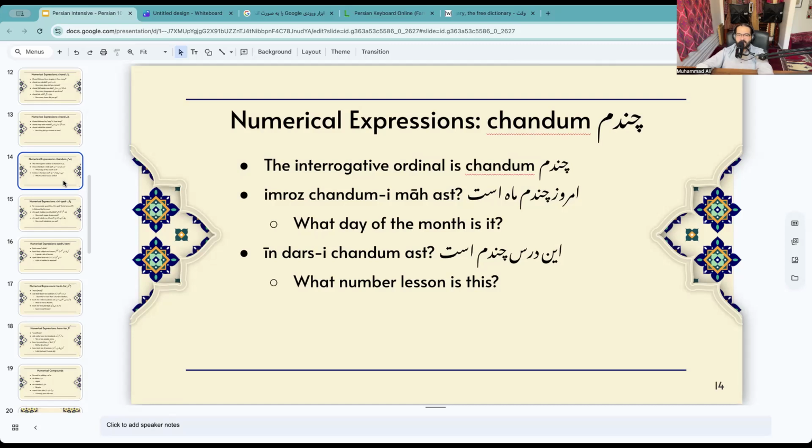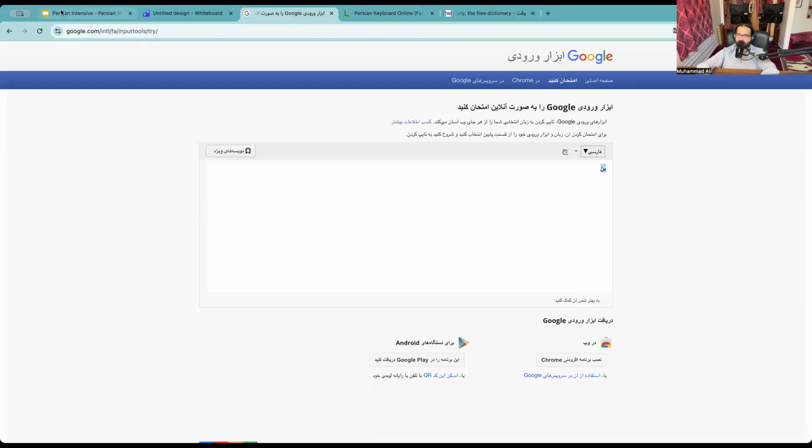So if you say chand you're not looking for yek, you're looking for yekom, dovom, sevom. So if you have emruz chandom ma hast, you say emruz dovom ma hast, sevom ma hast, charom ma hast. And I don't even know why I didn't include this, but the same is true for in.